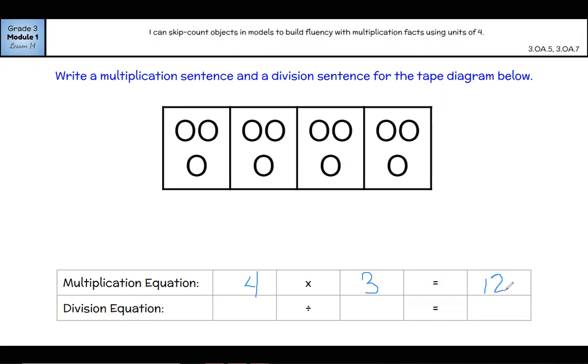And if I want to think of it as a division sentence, I think I have 12 all together. If I divide it into 4 groups, I will get 3 in each group. I could also say if I had 12 all together and I divide it by putting 3 in each group, that will give me 4 groups. Either one of these is correct. They're both correct.